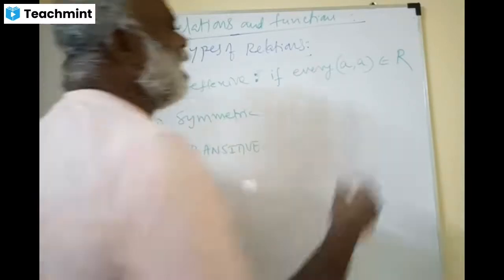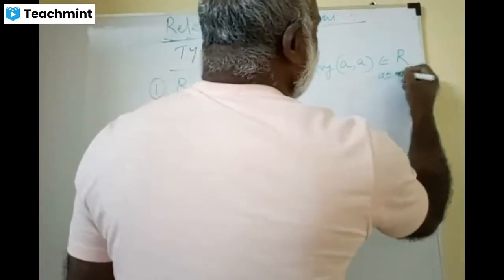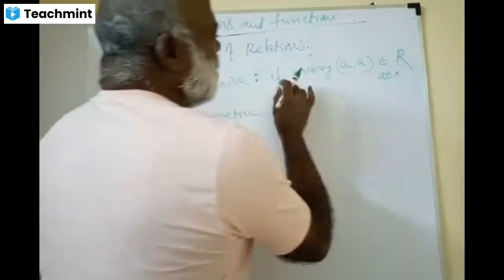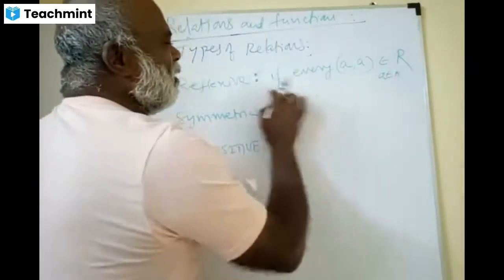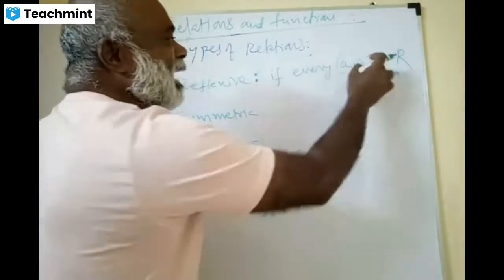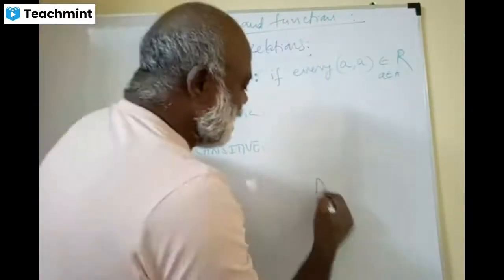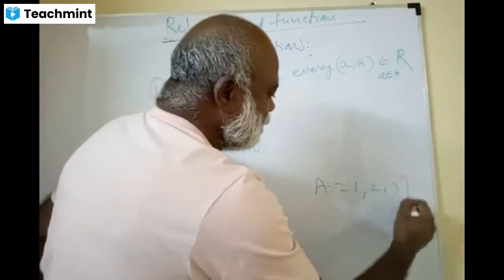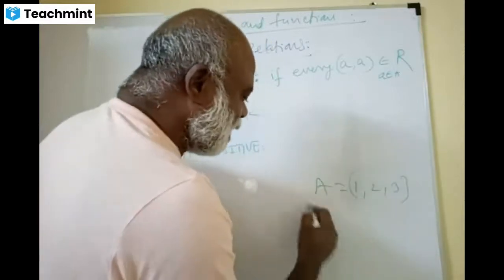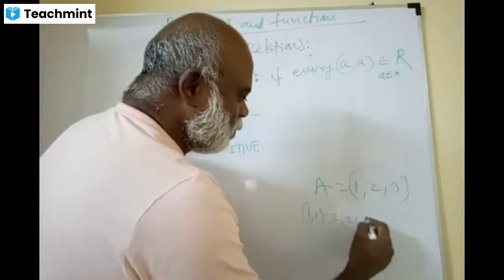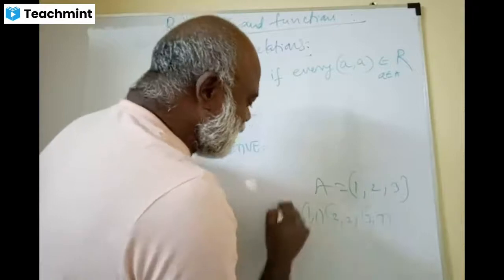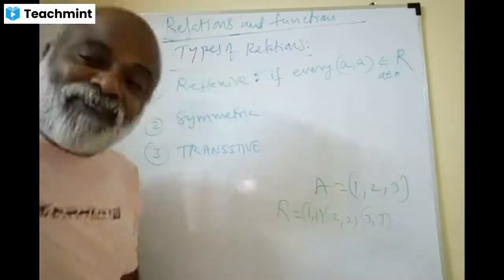Where a belongs to A. This is my part. I am defining that if every (a, a), something like (1, 1). Suppose A has got 1, 2, 3. Now (1, 1), (2, 2), (3, 3) in R is a reflexive relation.